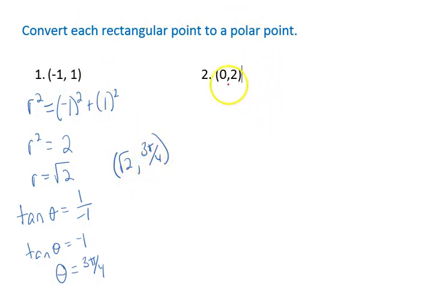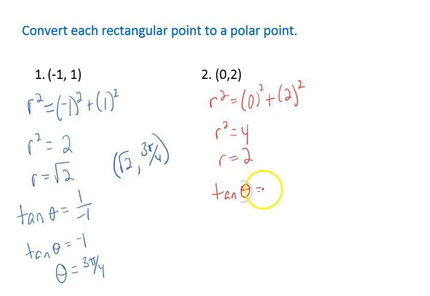For our second example, we have the point 0, 2. So again, I'm going to start with the radius. R squared is going to equal my x squared plus my y squared. So that's going to give me 4, and r will be 2. And then again, I'm going to do my tangent.